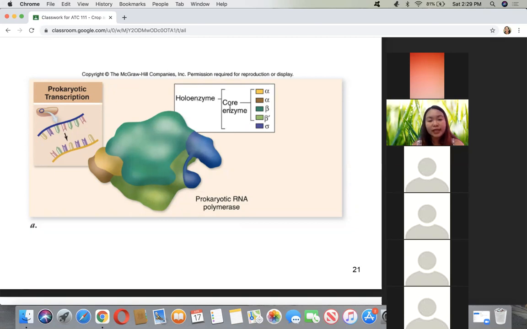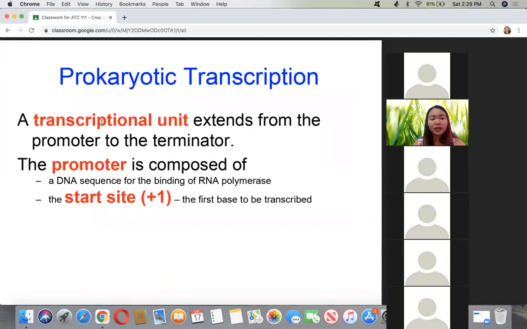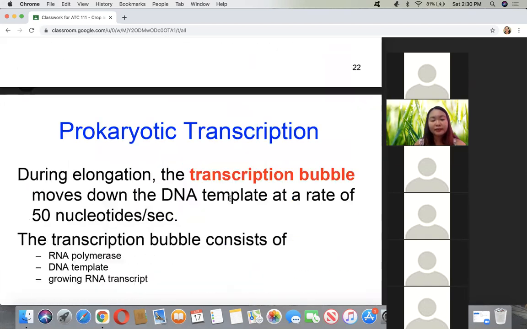So holoenzyme and the core enzyme in the prokaryotic RNA polymerase. So a transcriptional unit extends from the promoter to the terminator, and the promoter is composed of a DNA sequence for the binding of RNA polymerase. So the start site, which is the base to be transcribed.